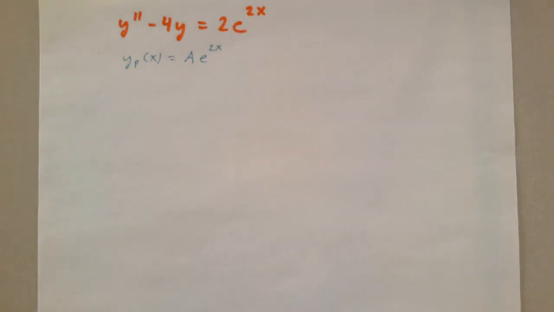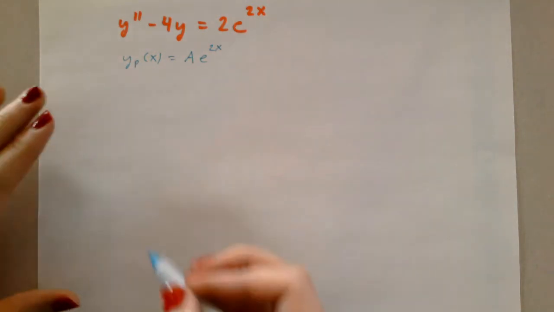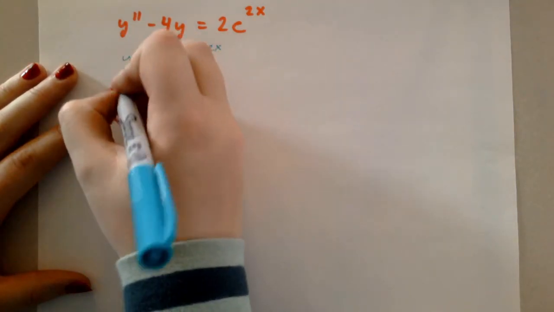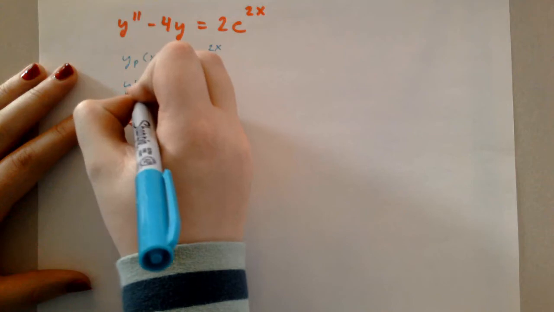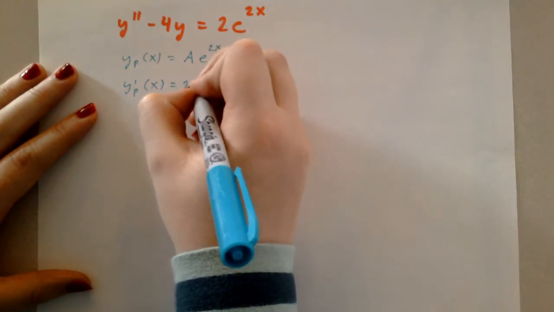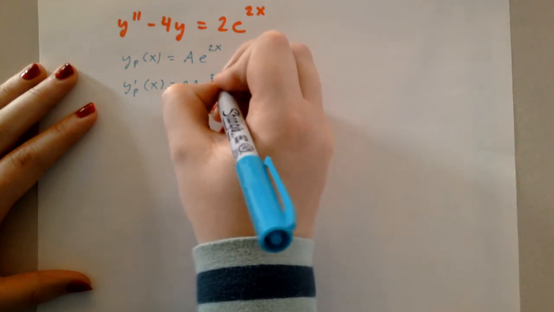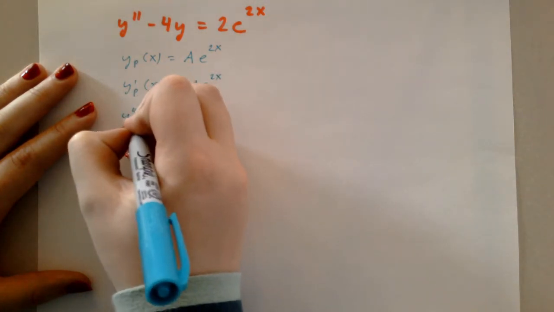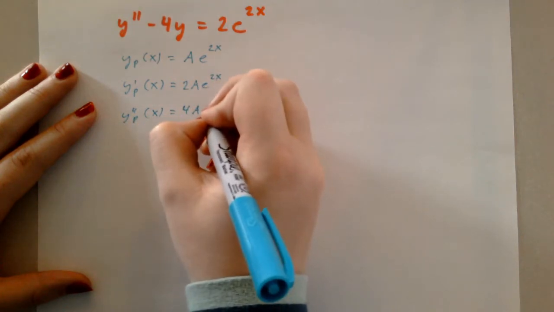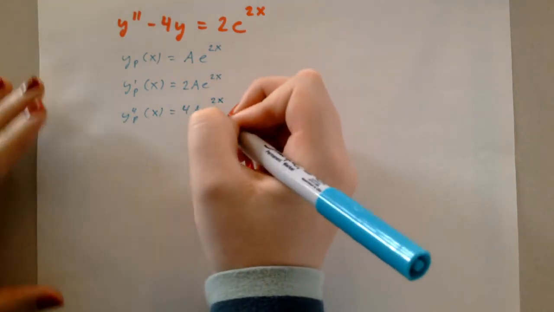Just like last time, now that we know the particular solution we're going to test, we need to take the appropriate number of derivatives. In this case, we need the second derivative, so we'll start by taking our first derivative, which is going to be 2a e to the 2x, and our second derivative of this particular solution is going to be 4a e to the 2x.